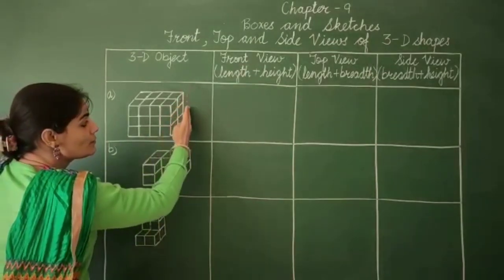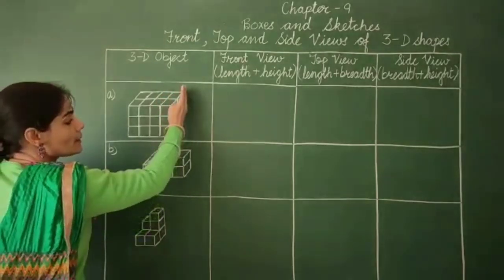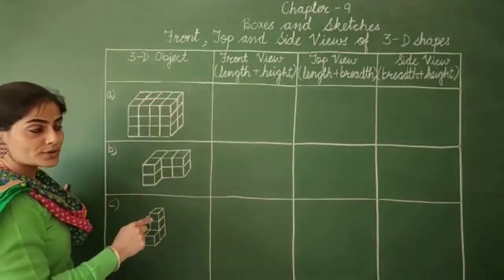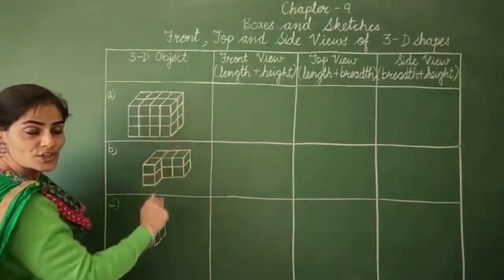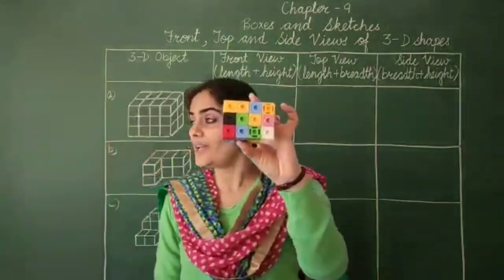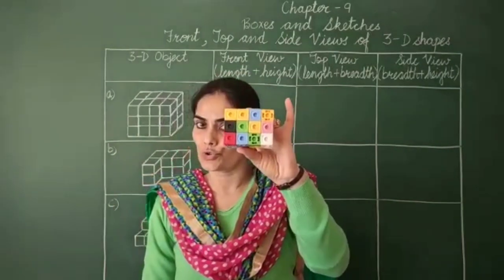And there are 3 boxes arranged one on top of each other when it comes to its height. So what are we able to make out? That this particular solid shape is a cuboid. So I have made the same object with the help of Jodo cubes.